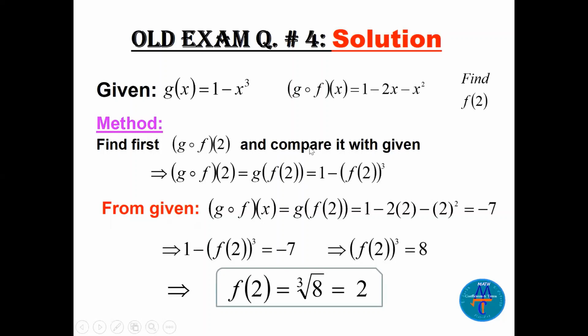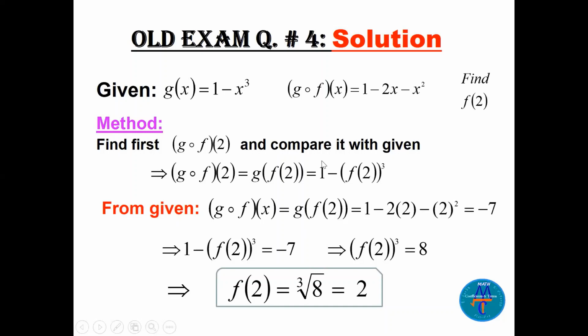Now, I also have g circle f of x given, so I can find g of f of 2 from this function itself. So 1 minus 2 times 2, and then minus 2 squared. So 1 minus 4 minus 4, so that's minus 7.